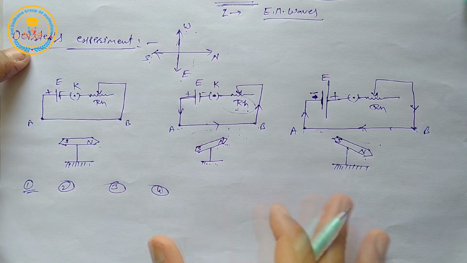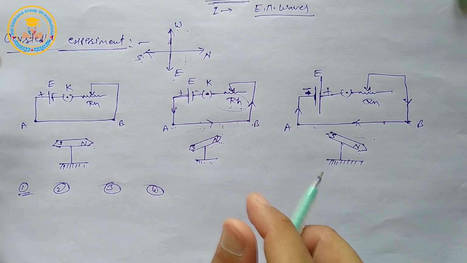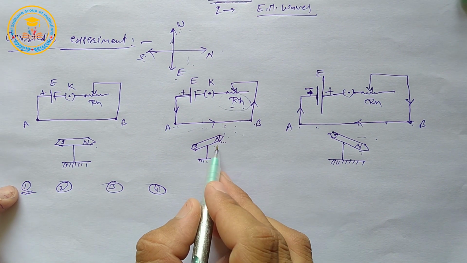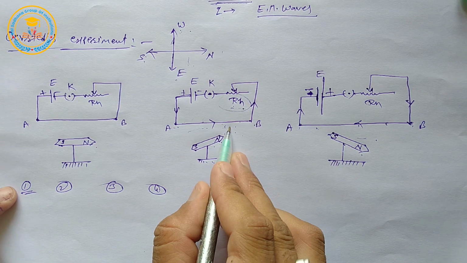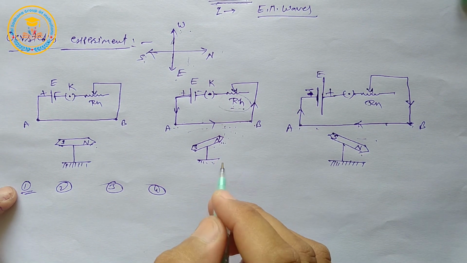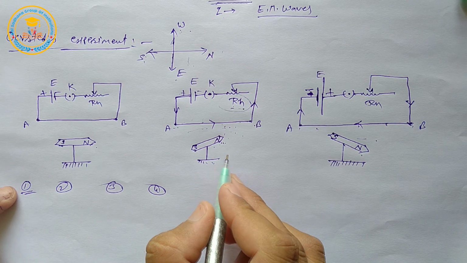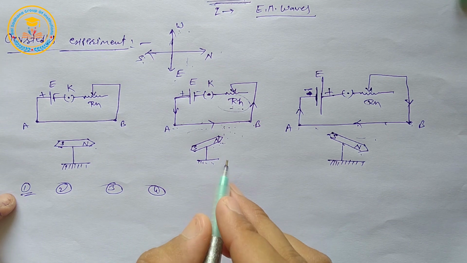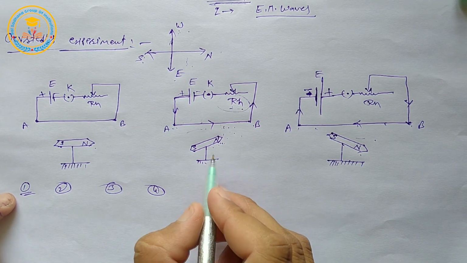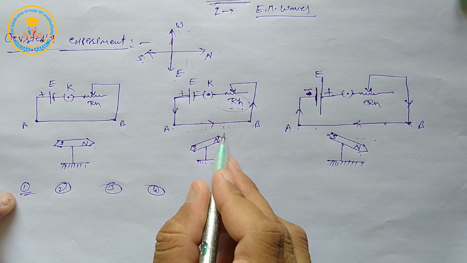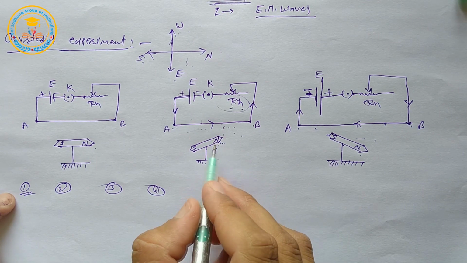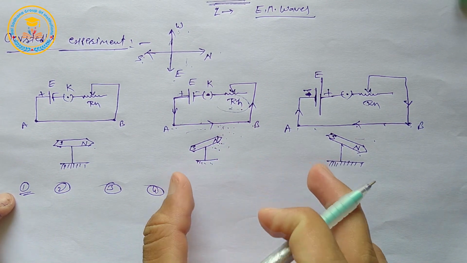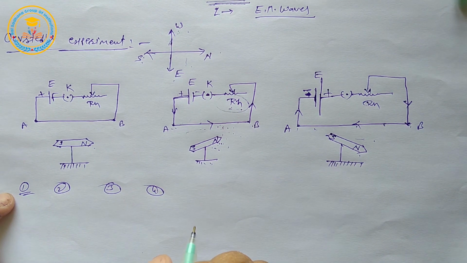Okay, fourth conclusion is, if this magnetic needle is brought closer to this wire, then in this situation the magnetic field is stronger, but if this magnetic needle is far away from this wire, then in this situation the magnetic field intensity decreases.